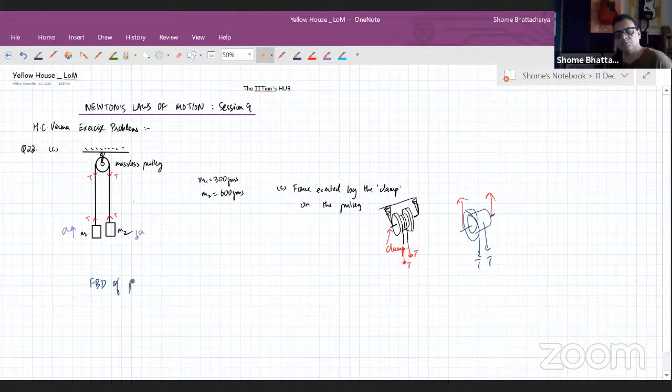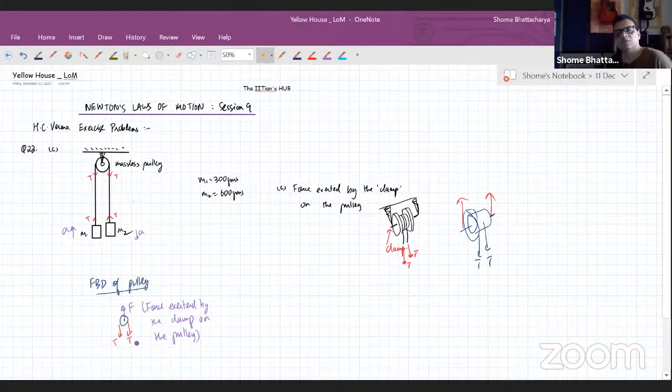The FBD of the pulley will be like this disc of the pulley. It's experiencing two tensional forces downwards. So it will experience some kind of reaction force from the clamp. This is the force exerted by the clamp on the pulley.